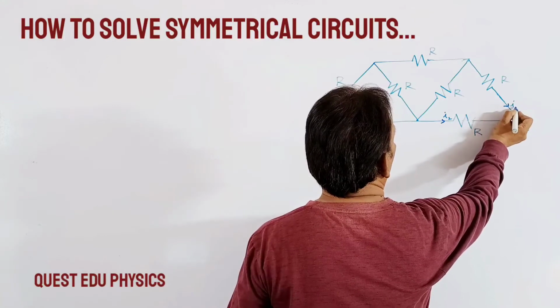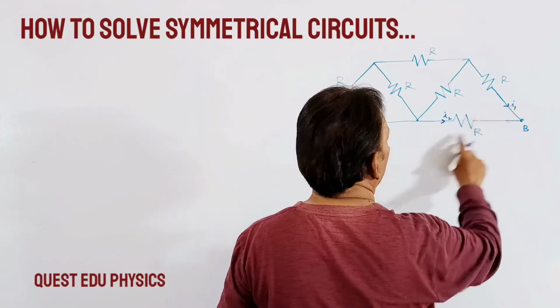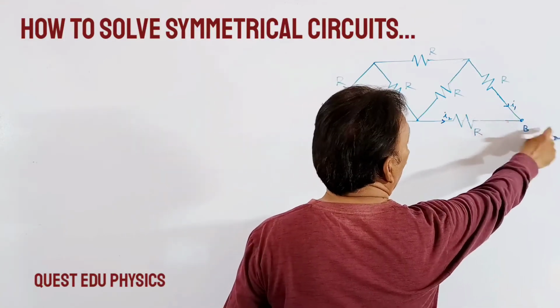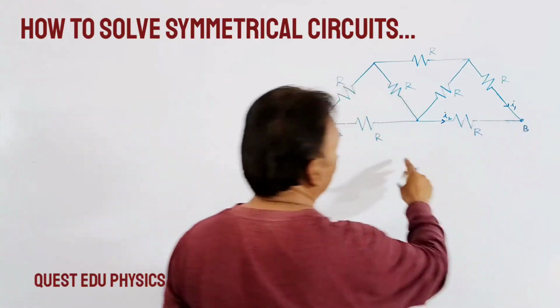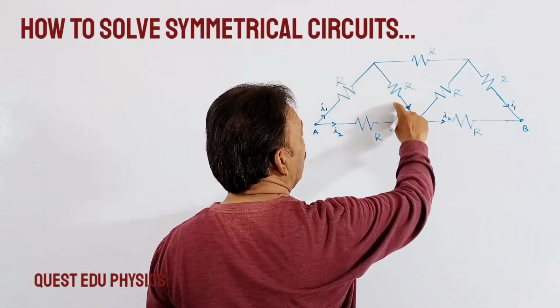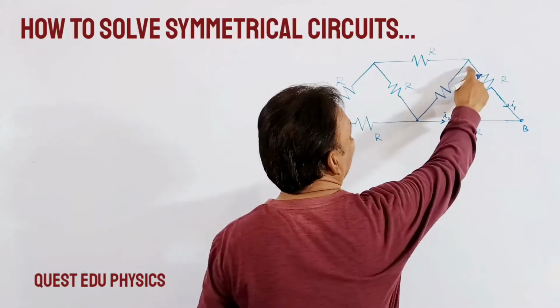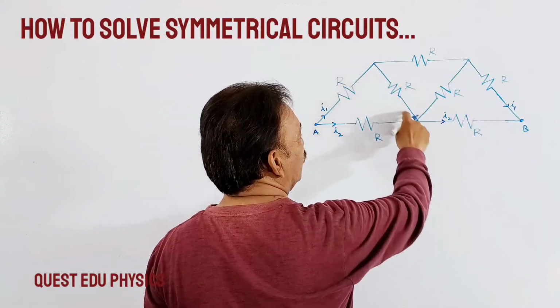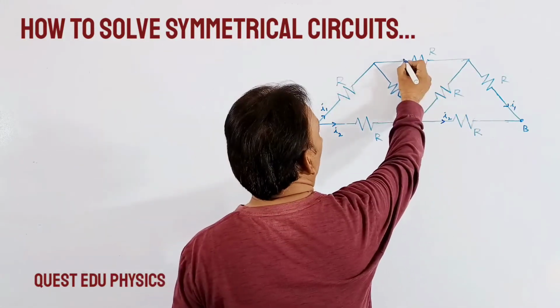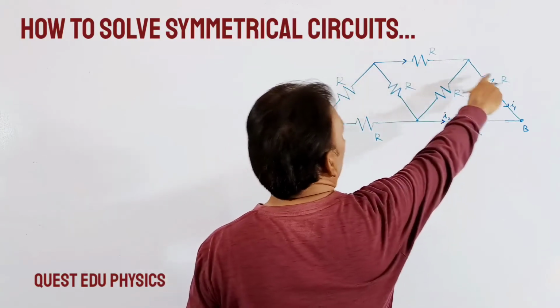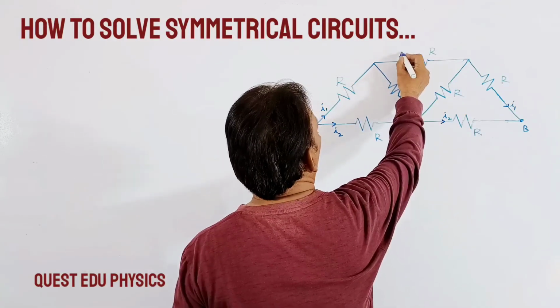I1 and I2 come out as I from here. That means what? We have to think about this point. Is any current flowing through this? Obviously, according to the imagination, no current is passing.